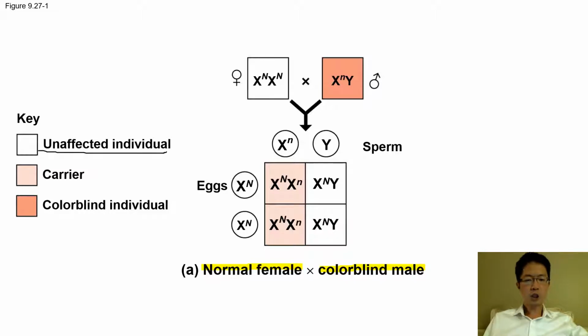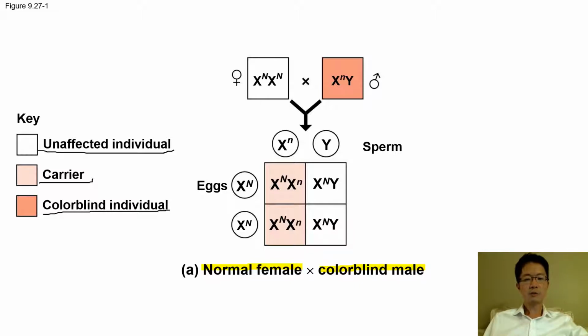Unaffected individual, meaning the individual carries only the wild type, the dominant allele. Carrier, meaning the person is heterozygous, with 1 dominant allele and 1 recessive allele. And the colorblind individual only has the recessive allele.